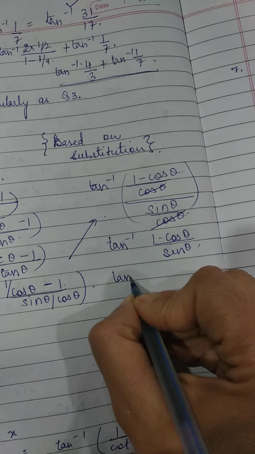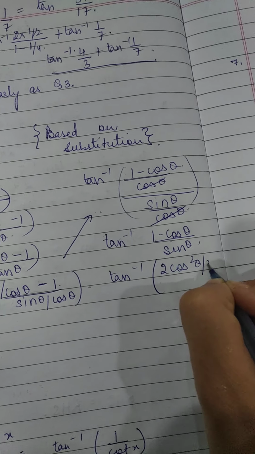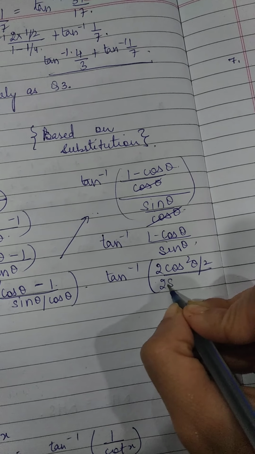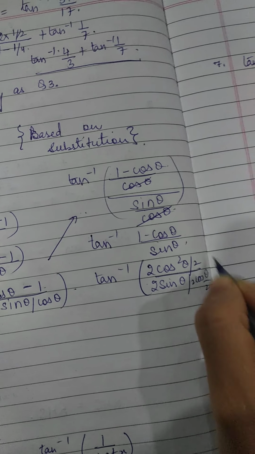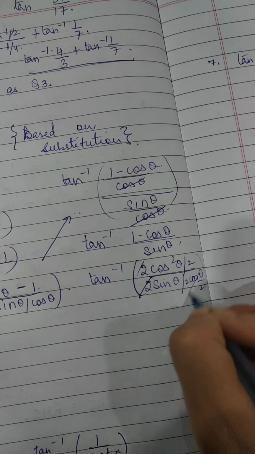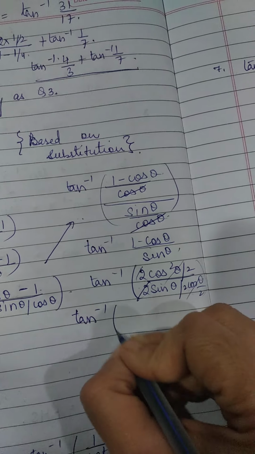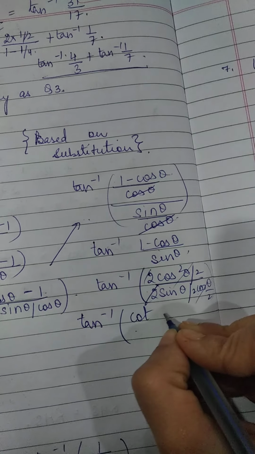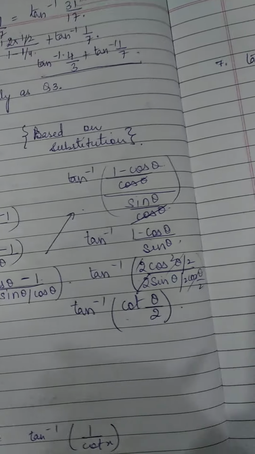So we have tan inverse, 1 minus cos theta is 2 sin square theta by 2, and sin theta is 2 sin theta by 2 cos theta by 2. 2 and 2 get cancelled, sin and sin get cancelled. So we have tan inverse, this is tan of theta by 2, right?